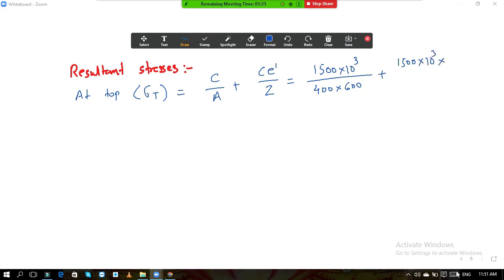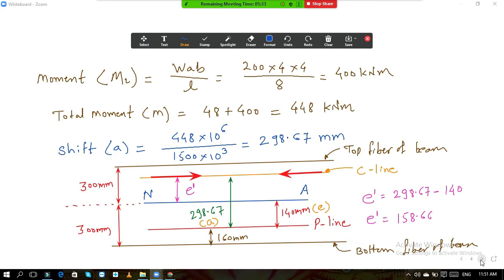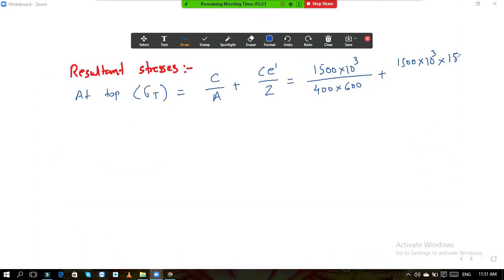The value of E dash we have calculated is 158.66, divided by Z, which is 24 into 10 to the power 6.